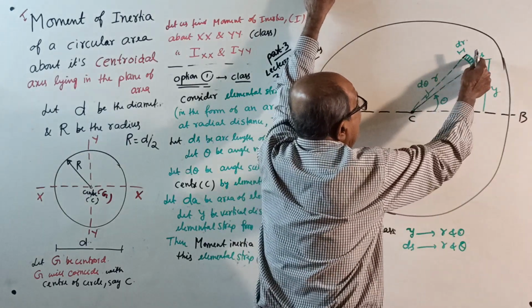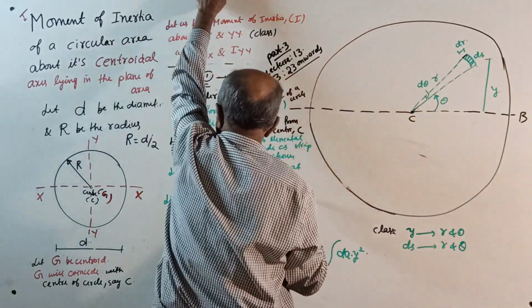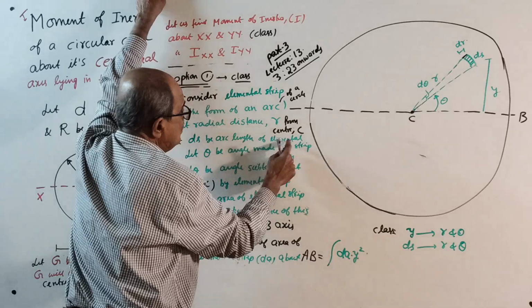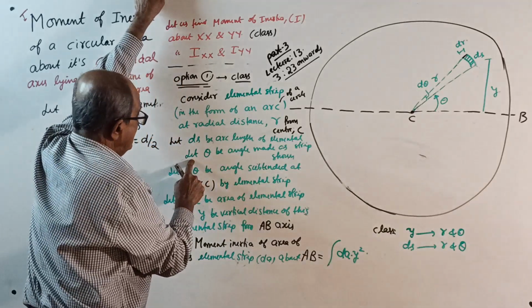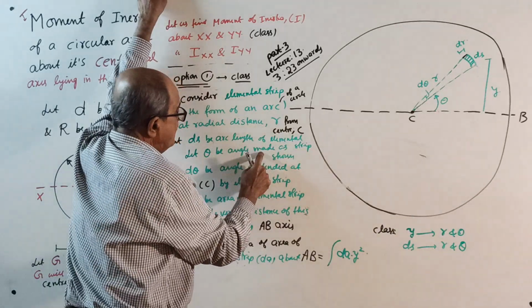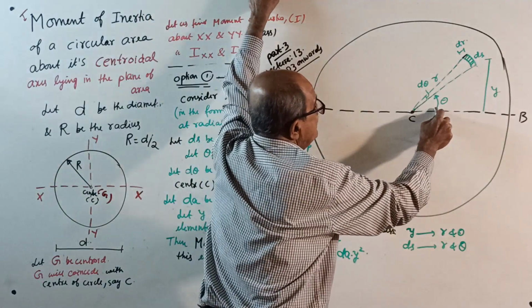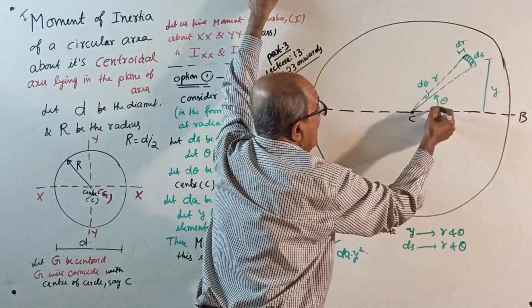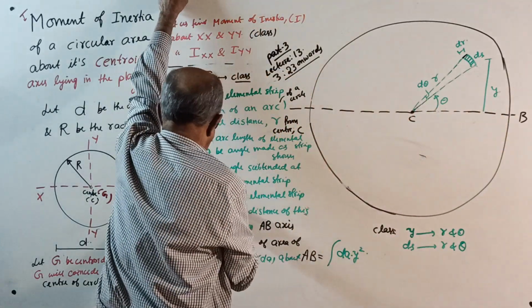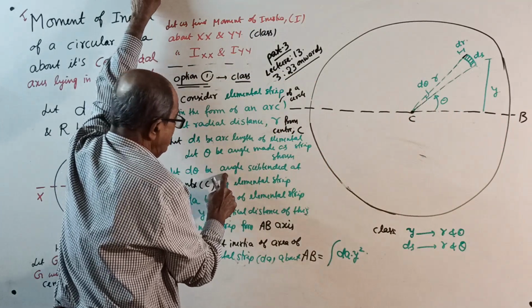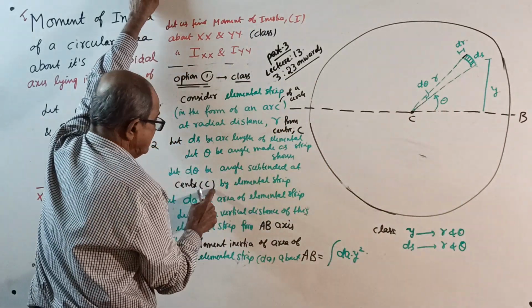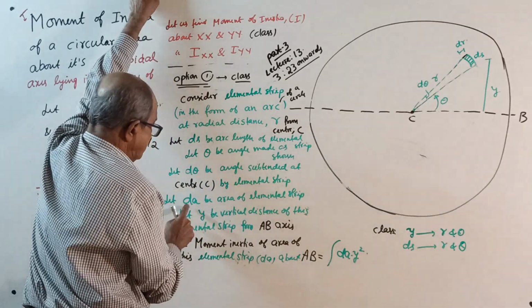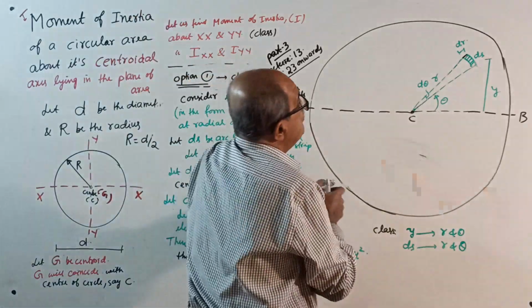Let ds be the arc length of the elemental strip. Then let theta be the angle made, as shown in the figure, for the strip from the CB axis, in the anti-clockwise direction. Let d theta be the angle subtended at center C by the elemental strip. Let dA be the area of the elemental strip.